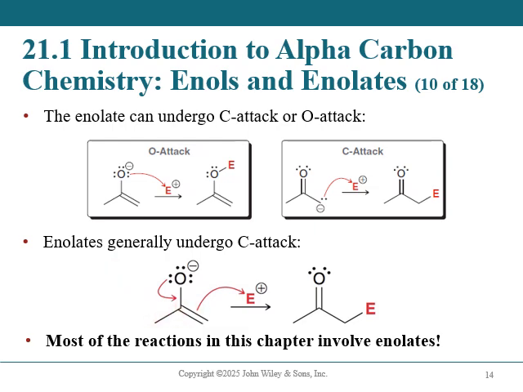Most of the reactions in this chapter will involve an enolate. So as you can imagine, you have that intermediate, that enolate, that will form, and from there you carry out the rest of your reaction. You can expect that this will be a big part of many, if not all, of the reactions that we'll see throughout this chapter.